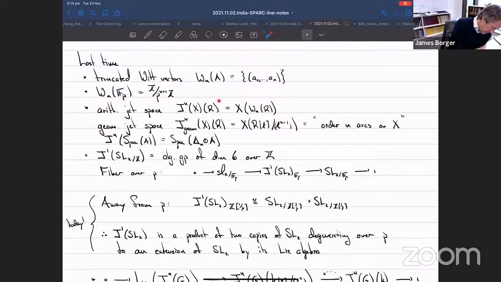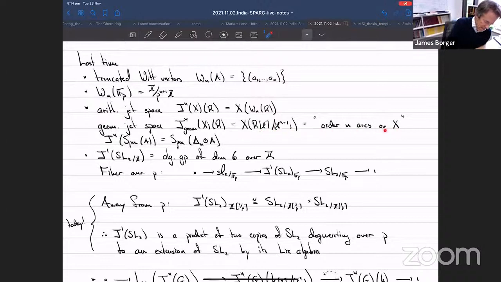And then the definition of the arithmetic jet space is that the R points, the points of this thing with coordinates in R, so to speak, are the same as the original variety, but with coordinates in the Witt vectors of R. And this should be compared with the classical geometric jet space, which is defined in the same way with these truncated power series.